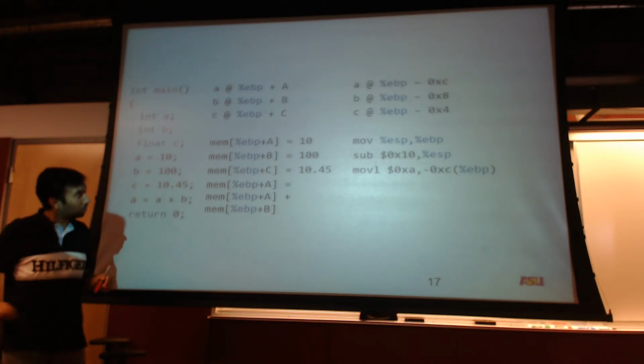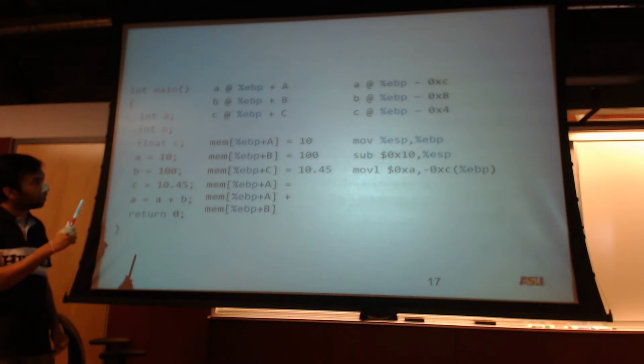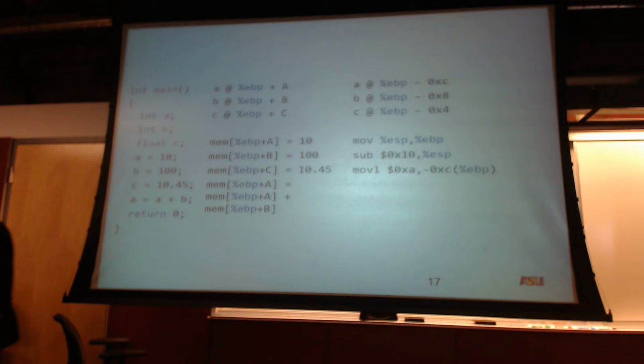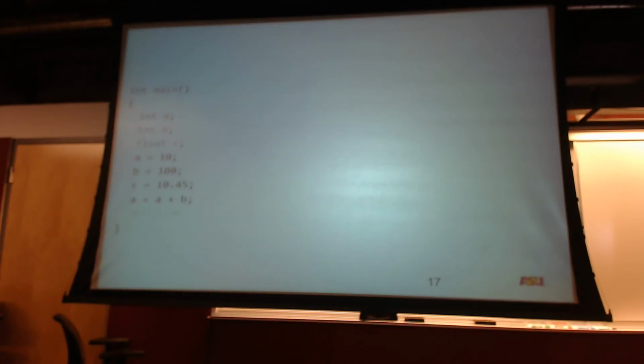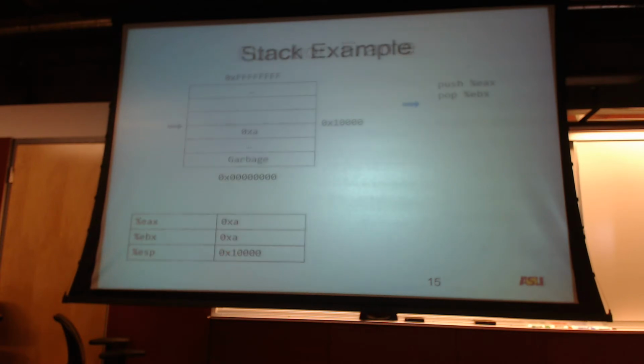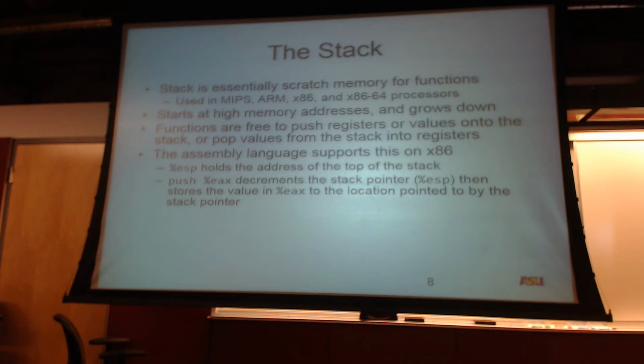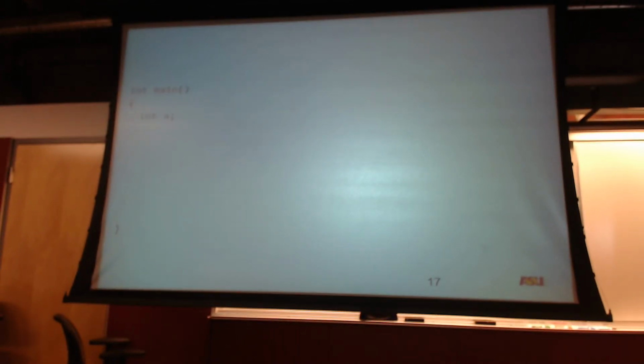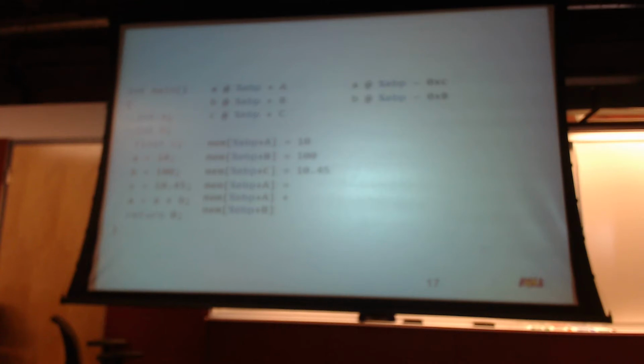So let's revisit. What we did, we moved the move instructions for the math problems.